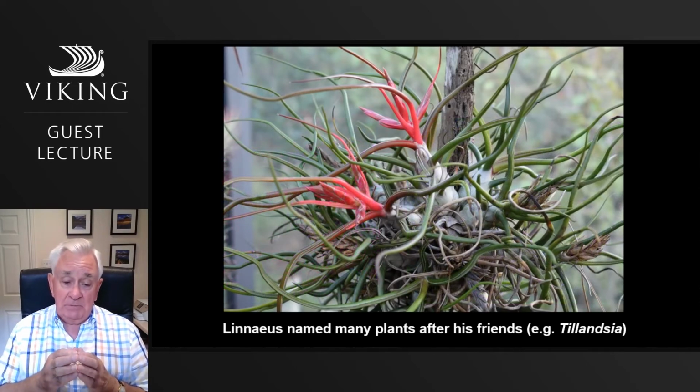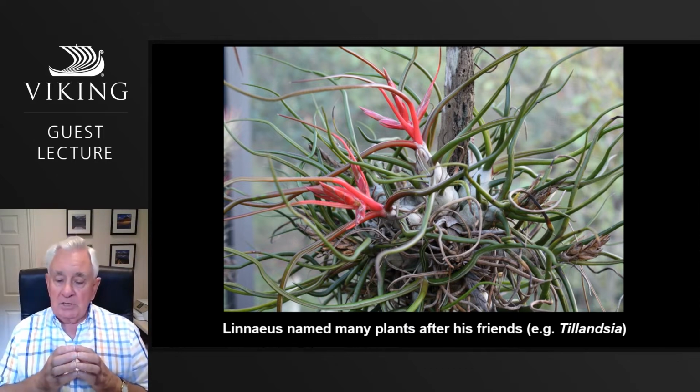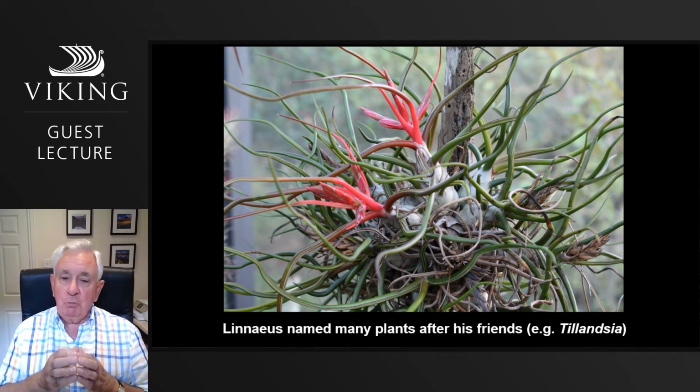Now, Linnaeus named many plants after his friends. This one is named after Pierre Tilland, who was a Swedish pastor. So it gets the name Tillandsia. And I don't know if Linnaeus was having a joke here, but Pierre Tilland was afraid of water.